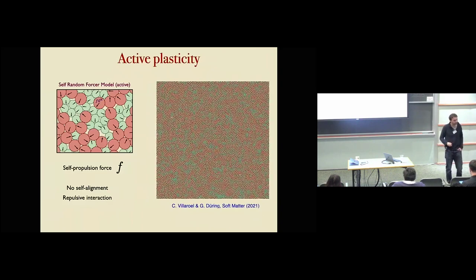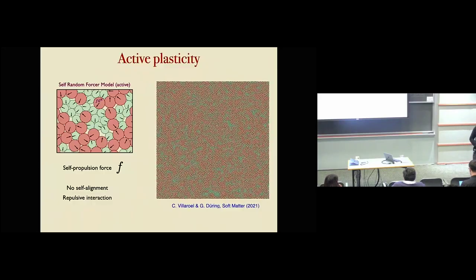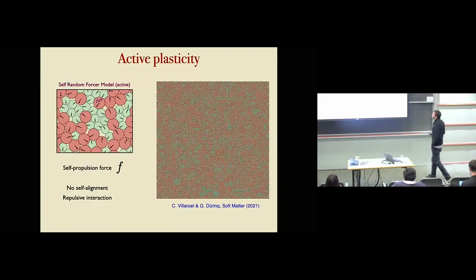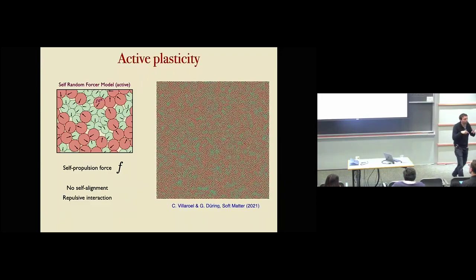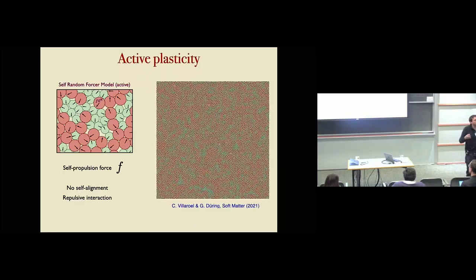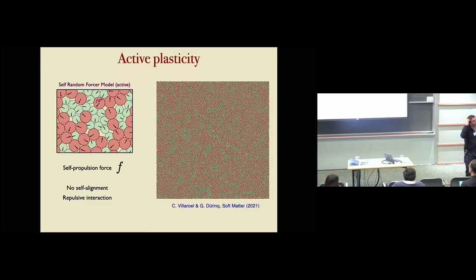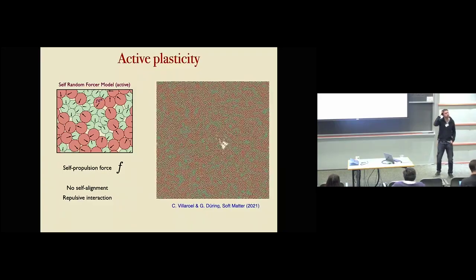So the non-void part is now much denser, but it's never solid. It's a bit more complicated to measure, because around the void you will have particles going on and off. It's a good question. We haven't checked.